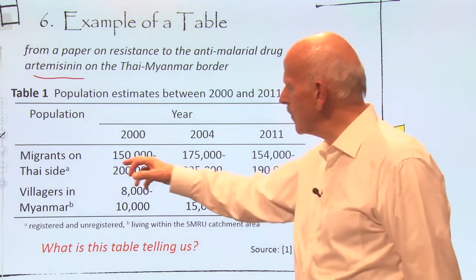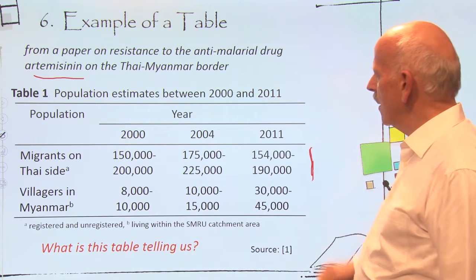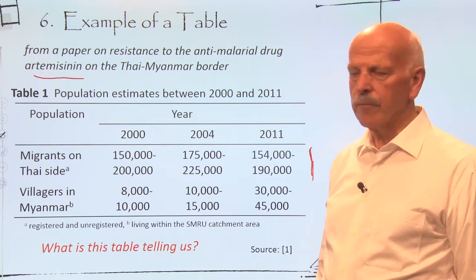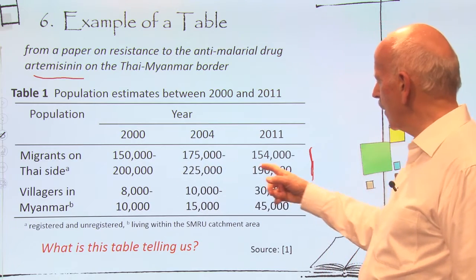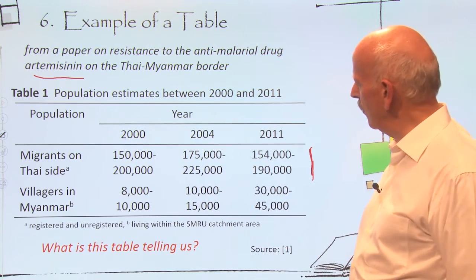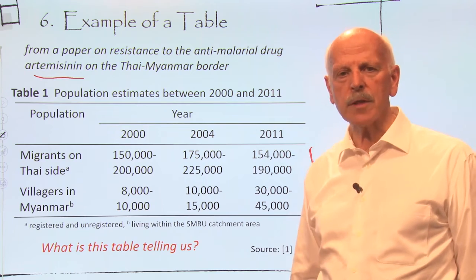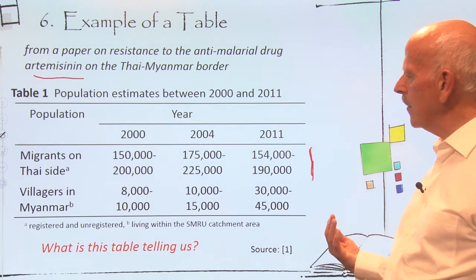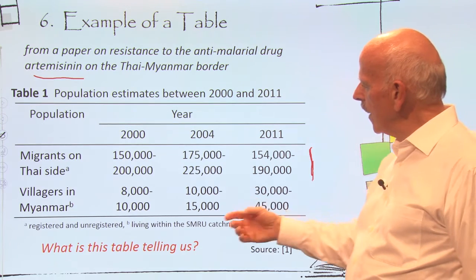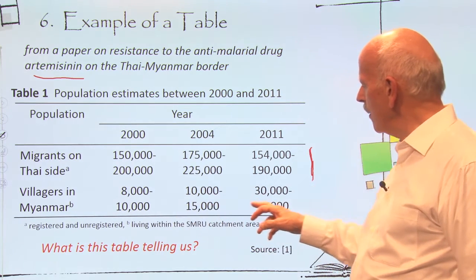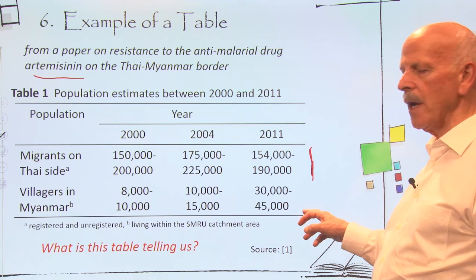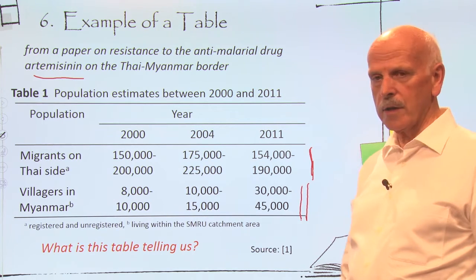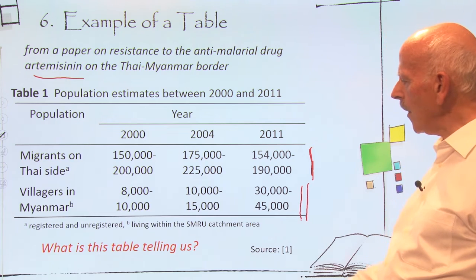So the first part here lists the number of people on the Thai side of the border. And you can see the numbers, you can look at them and say to yourself, well, they seem to be about the same. And then on the Myanmar side of the border, there is a noticeable increase in the population between 2000 and 2011. This increase is significant, as we'll see in a moment.